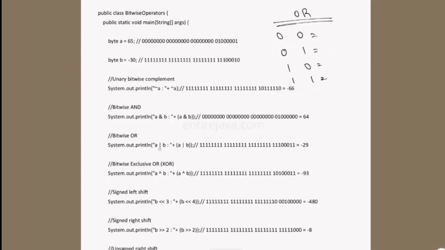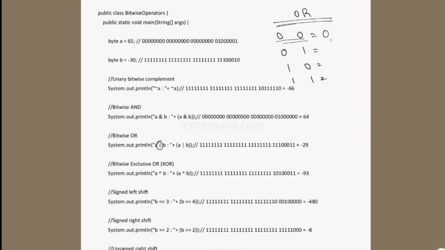We have bitwise OR operator, and the operator looks something like this. We're trying to find the bitwise OR of A and B. When it comes to bitwise OR, there are 3 cases where we would get the value 1. If at least one of these 2 is 1, then the result will be 1.